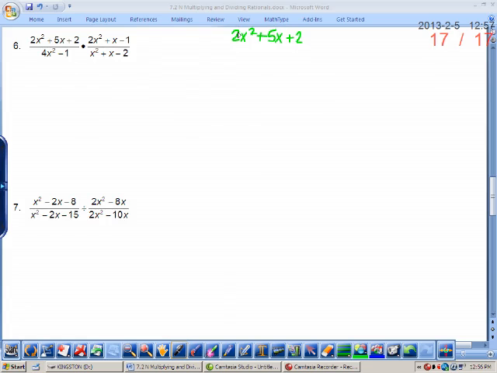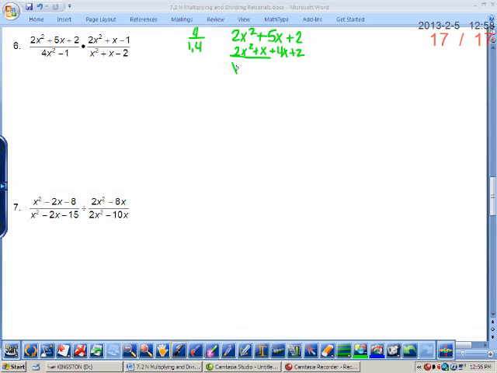So remember, you multiply your a value and your c value. So that's 4. What factors of 4 add up to 5? 1 and 4. So then we have 2x squared plus x plus 4x plus 2. Remember, you group the first two terms and the last two terms.